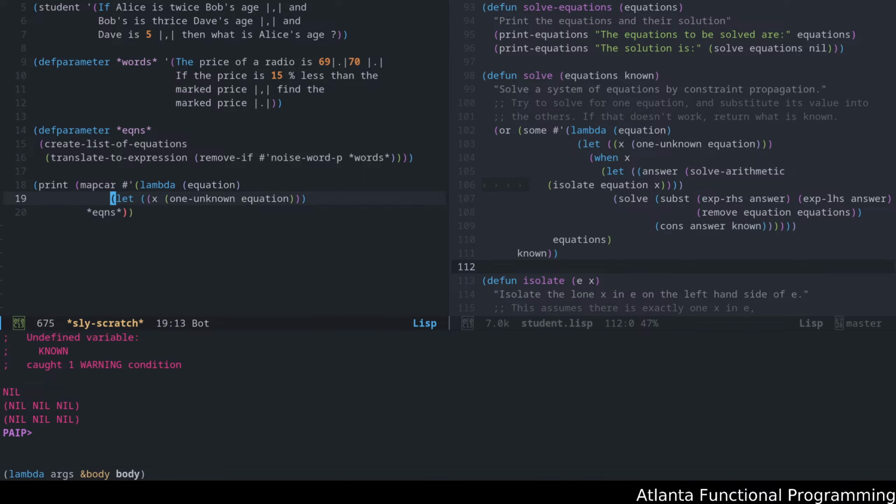Let's just do one unknown equation, which means I can even just do this. One unknown and see what happens.